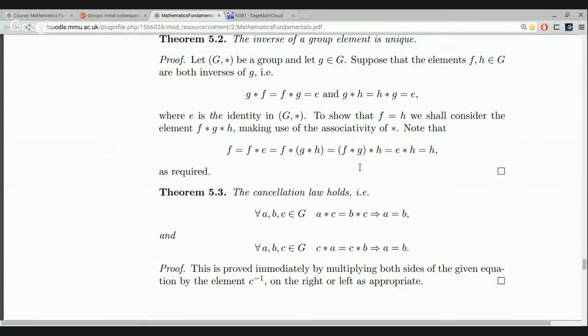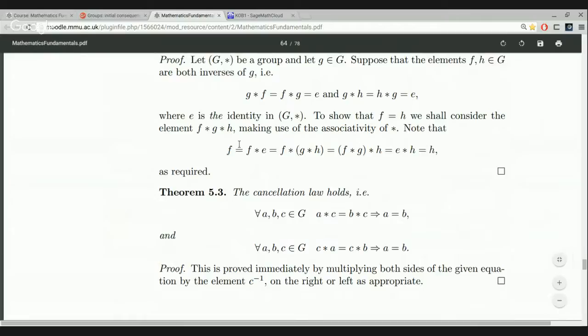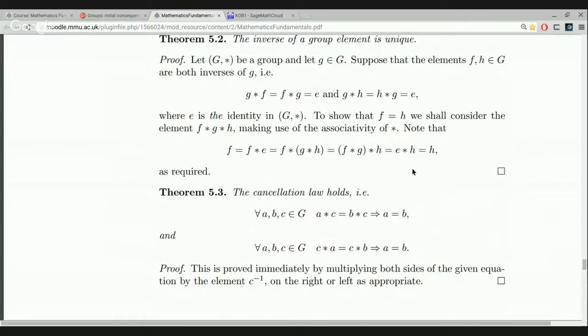You have to evaluate that first. F is introduced as an inverse to G, so F times G is again the identity element E. So you're looking at E times H, but E is the identity, so E times H has to be H. So this triple product is simultaneously equal to H and equal to F. That tells you H and F have to be the same.